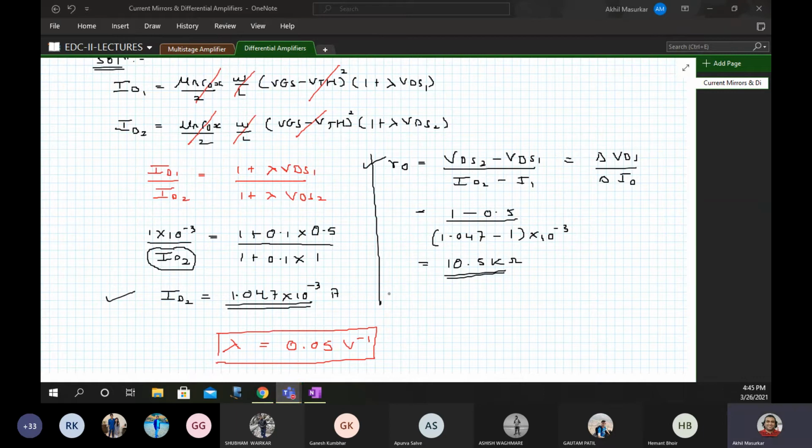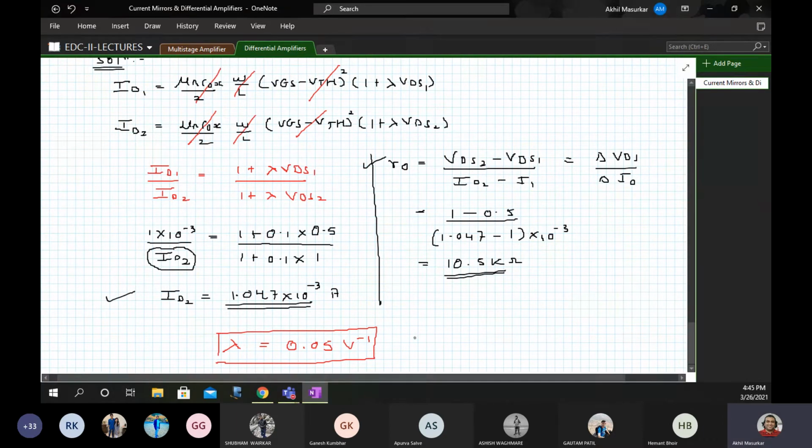Correct. So Hemant is the first one to give the answer. For this, ID2 comes out to be 1024 milliamperes. Now I am particularly interested in the value of R0.